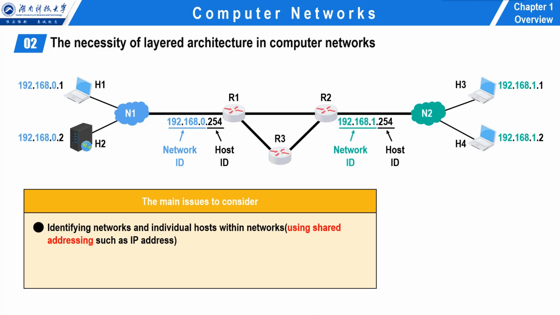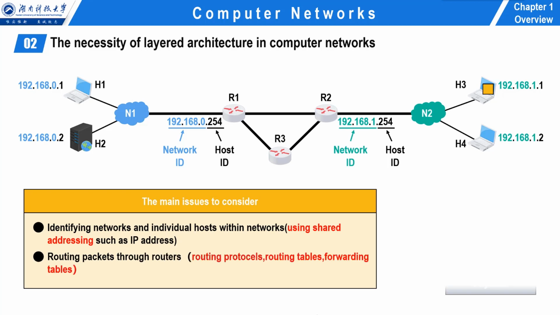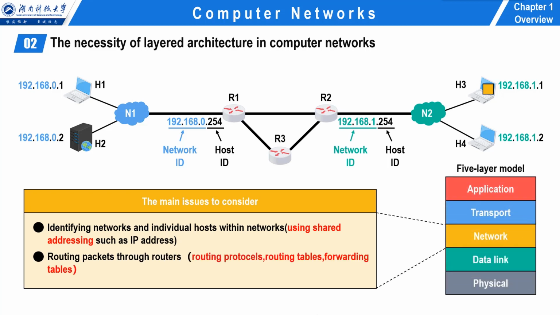Let's consider another issue. In an interconnected network, there are often multiple transmission paths between the source host and the destination host. Data packets from the source host to the destination host can take different paths, which leads to the issue of how routers forward data packets and make routing decisions. We can categorize these issues into the network layer.